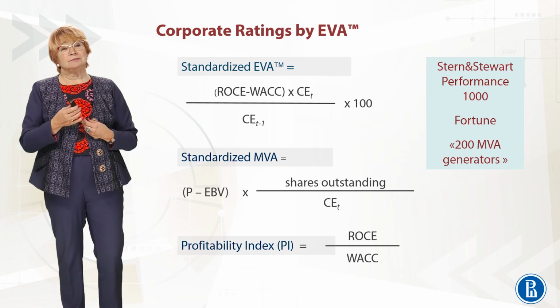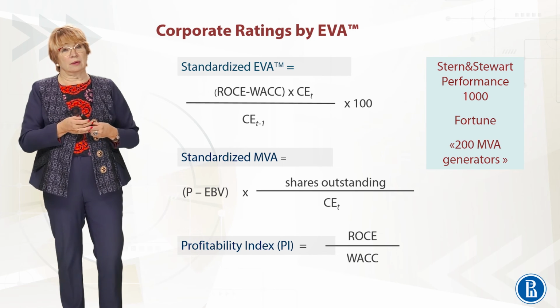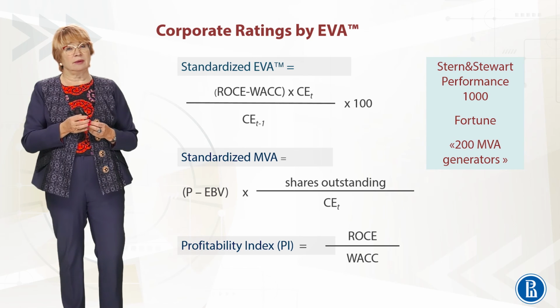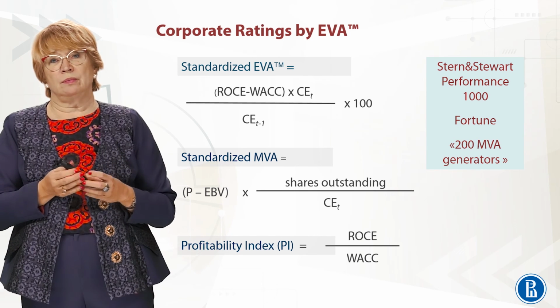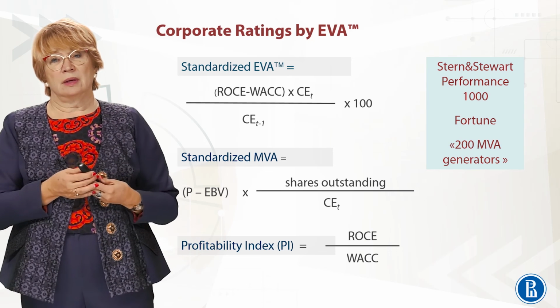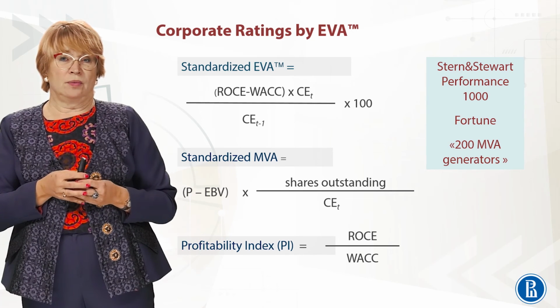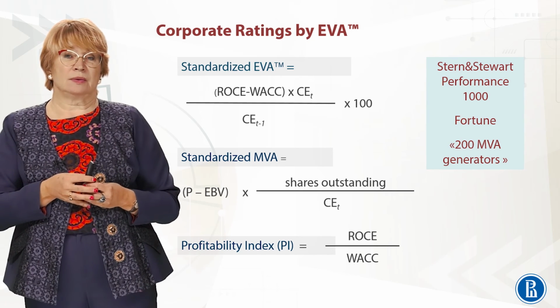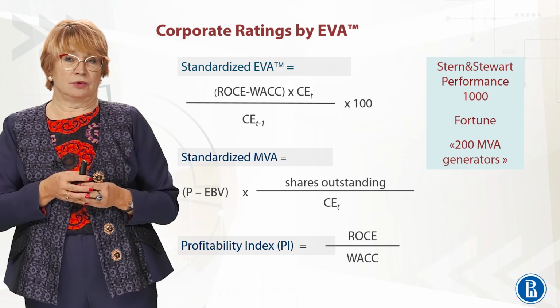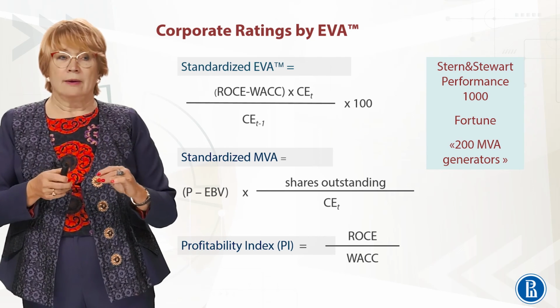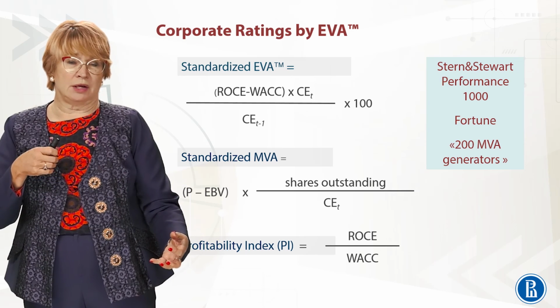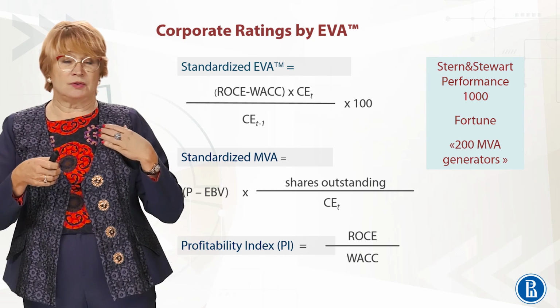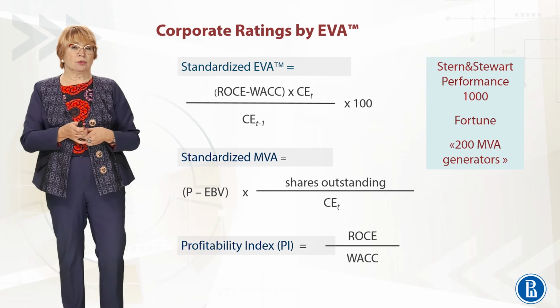So you see here, the Stern Stewart consultancy company developed that technique to make and represent the ratings for 1,000 companies from different countries, just to track the trends between these value creators and maybe in some cases value destroyers.